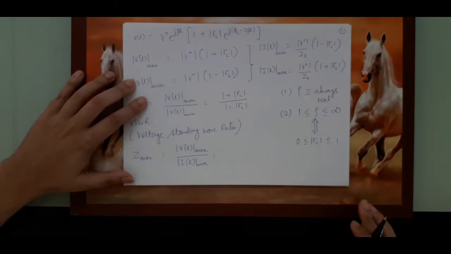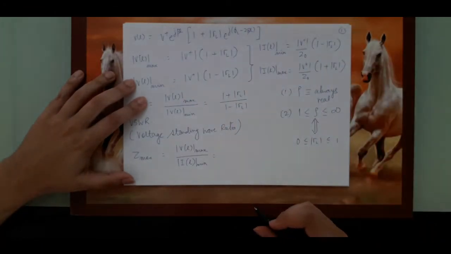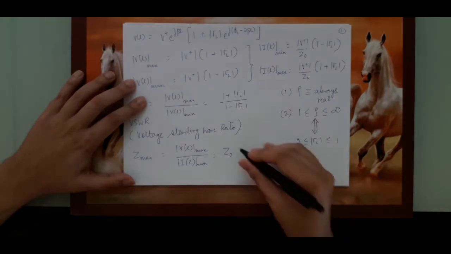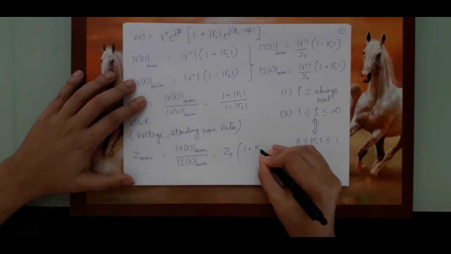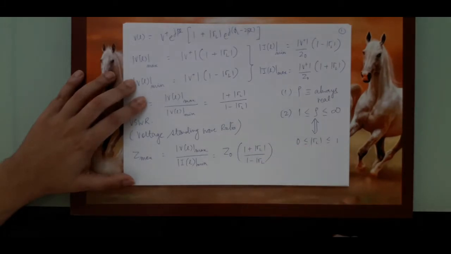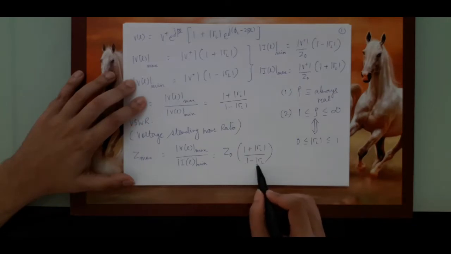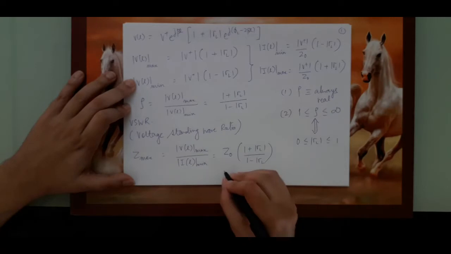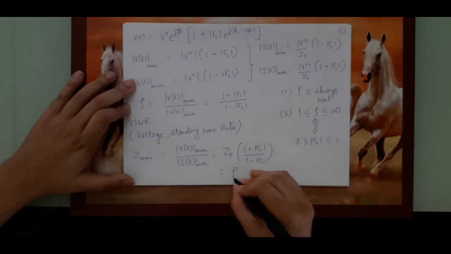Remember the mod, it's very important. So if you take the ratio, V plus and V plus mod will get cancelled. You will see this is nothing but Z0 times 1 plus mod gamma L by 1 minus mod gamma L. Now this ratio we already know, it is nothing but the VSWR. So therefore this is rho times Z0.